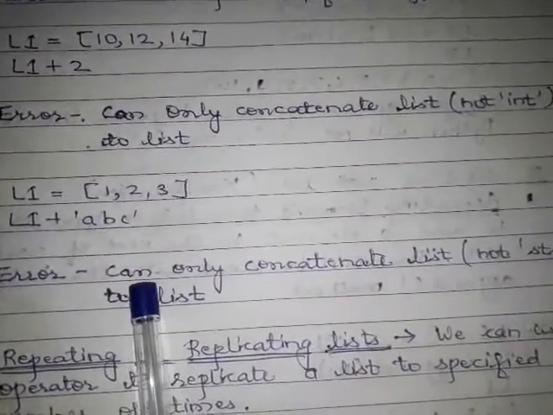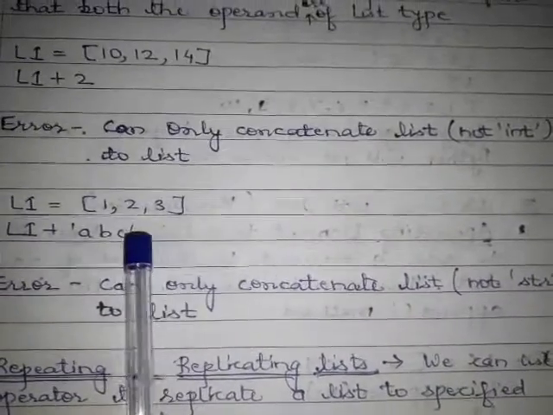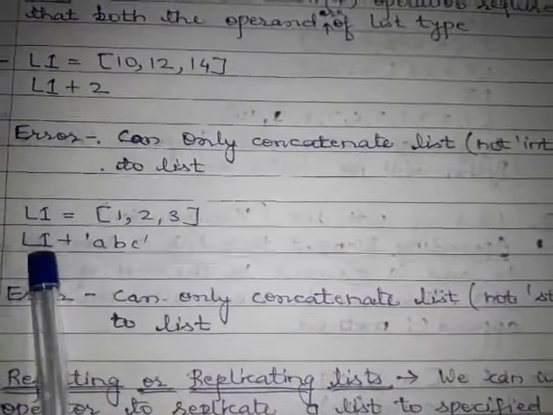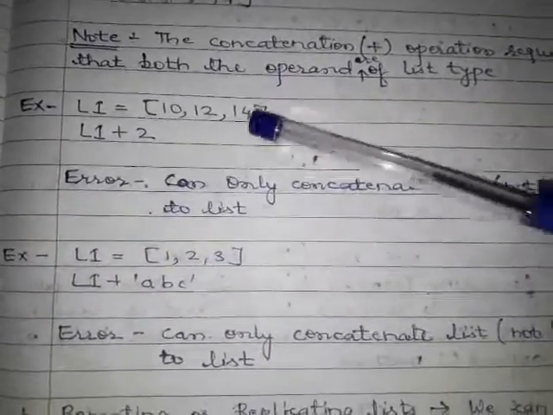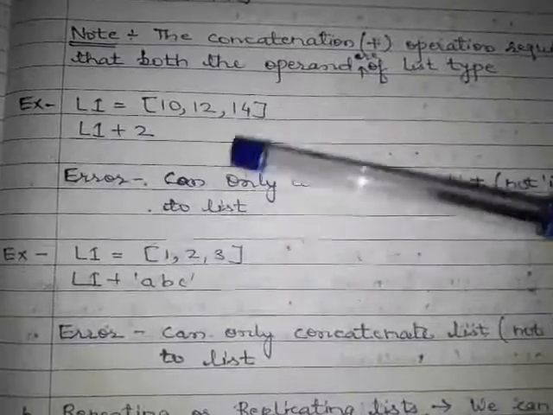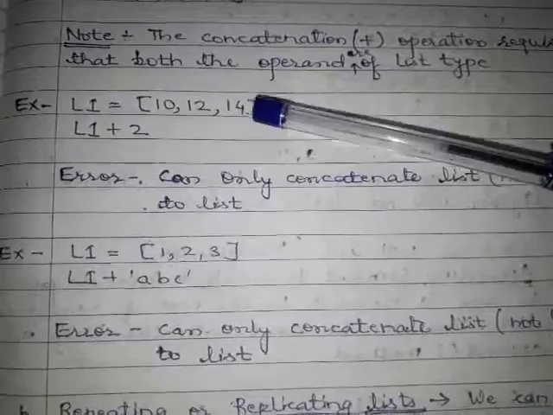So the error is: can only concatenate list, not string. It means a string is not concatenated with the list. Here it should be a list. So these two are the false, error programs which, according to the concepts, are very important. So go through this.